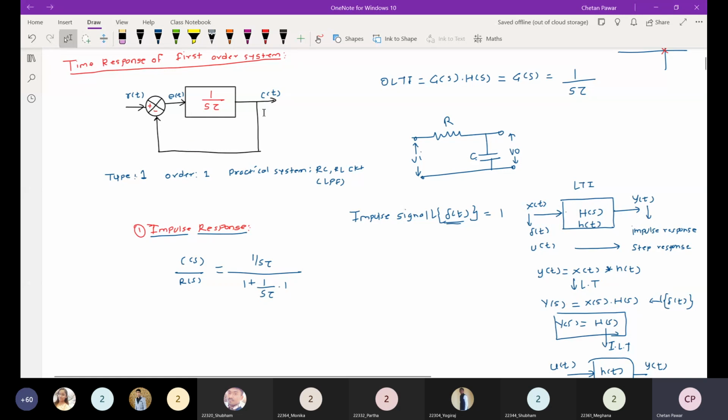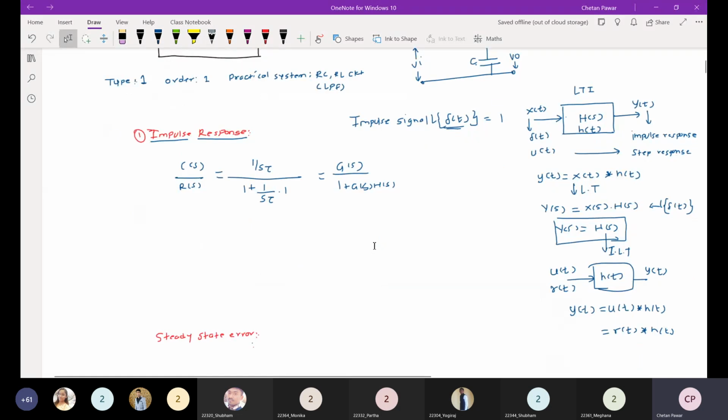The forward path gain divided by 1 plus G of S into H of S. H of S is 1, right? So this is G of S upon 1 plus G of S into H of S, because there is a negative feedback, right? Okay.